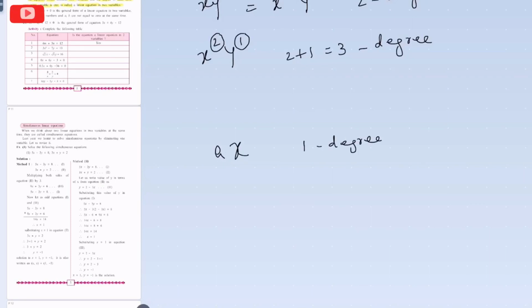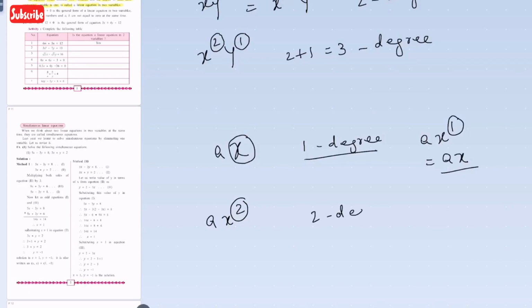We have to see only the index or power of the variable to write the degree. x can be written as x raised to 1, so a into x has degree 1 because the index of x is 1. a into x square: the index of x is 2, so the degree of a into x square is 2.